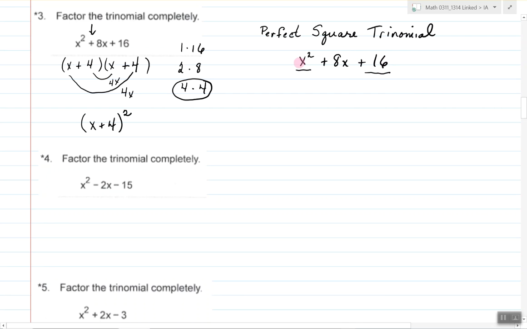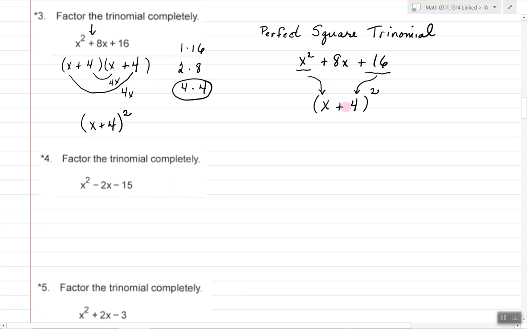Now, with the first term being a perfect square and the last term being a perfect square, this is a strong candidate, but it is not for sure yet. You could say, I believe that I will take the square root of the first one, the square root of the last one, the sign from the middle, and I think that's right, but let me double check it.